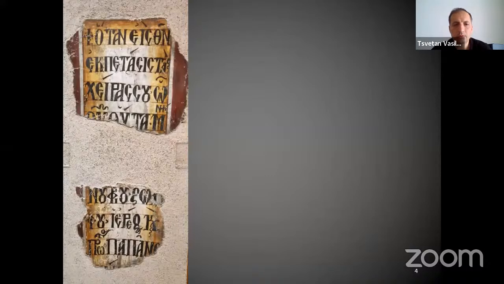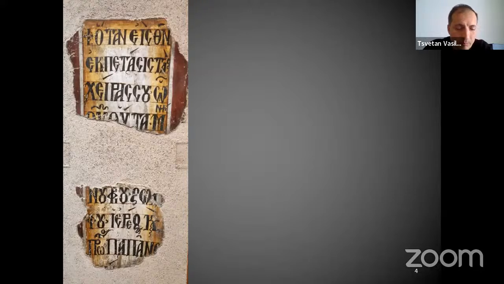Here you see an instance of such text. This is an inscription written by an Albanian painter, and it is a difficult text to identify, but actually it is not kept in its original place in the church itself.